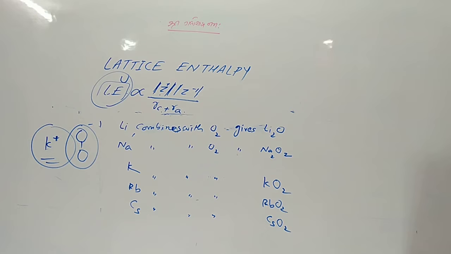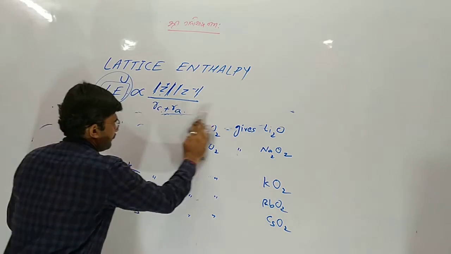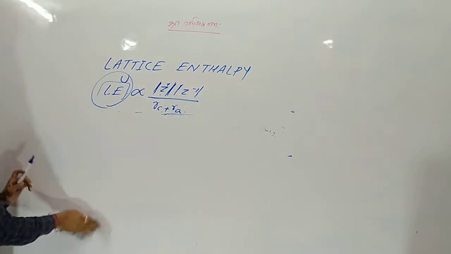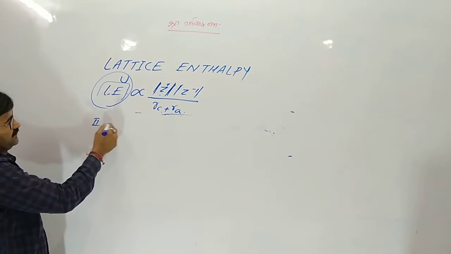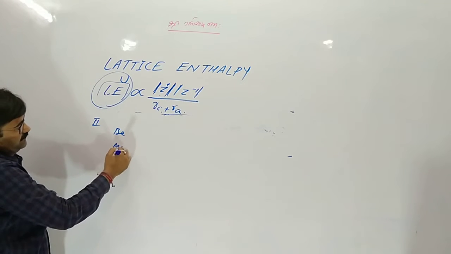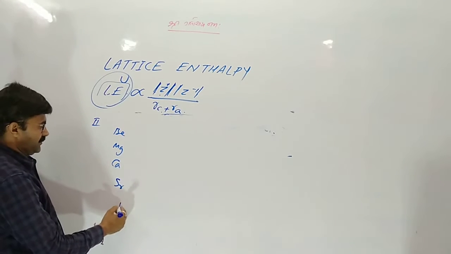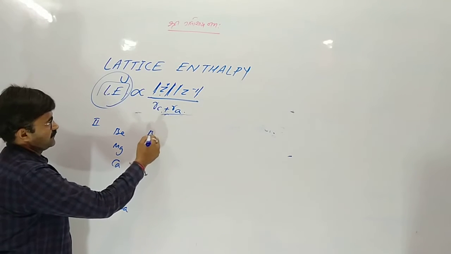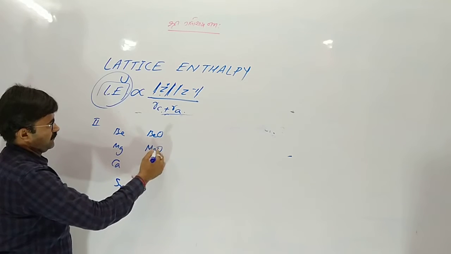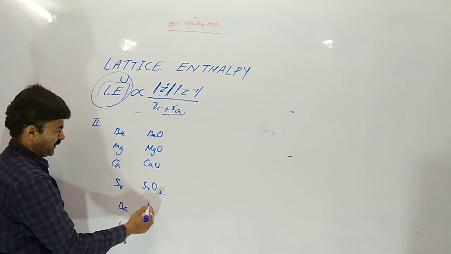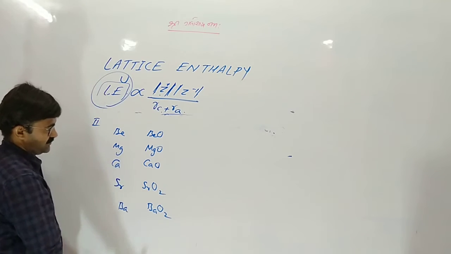Now, beryllium, magnesium, calcium give monoxide. In group number 2 we have beryllium, magnesium, calcium, strontium and barium. Beryllium gives oxide, strontium gives peroxide, barium gives peroxide.